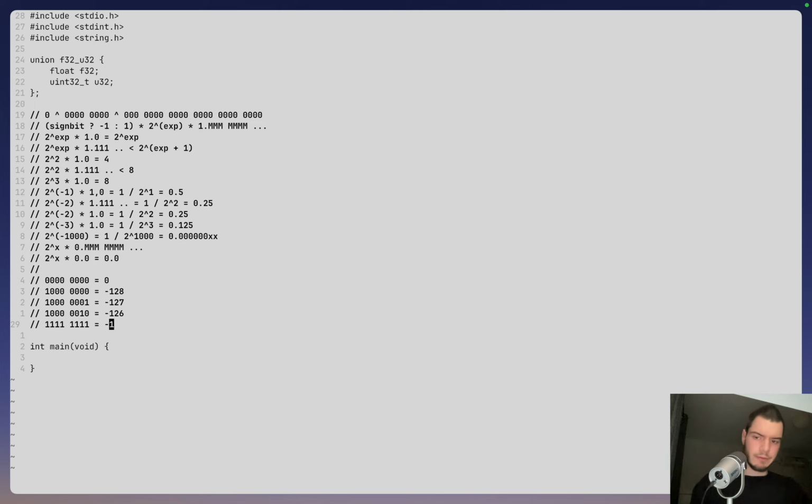And this allows you to have basically an easier job implementing arithmetic operations that work the same on signed and unsigned numbers. But it turns out that the floating point exponent is represented in a different way.